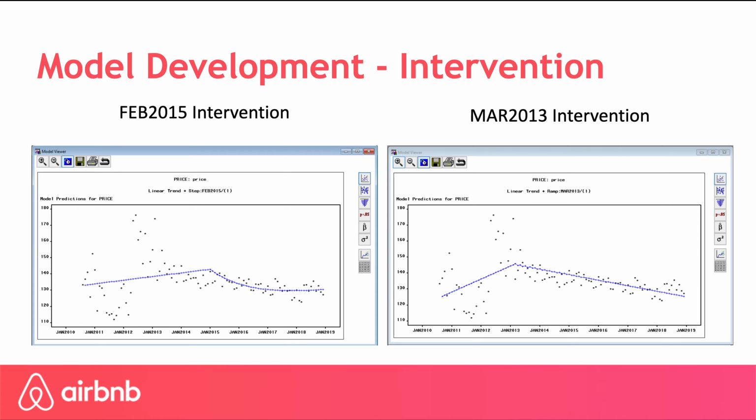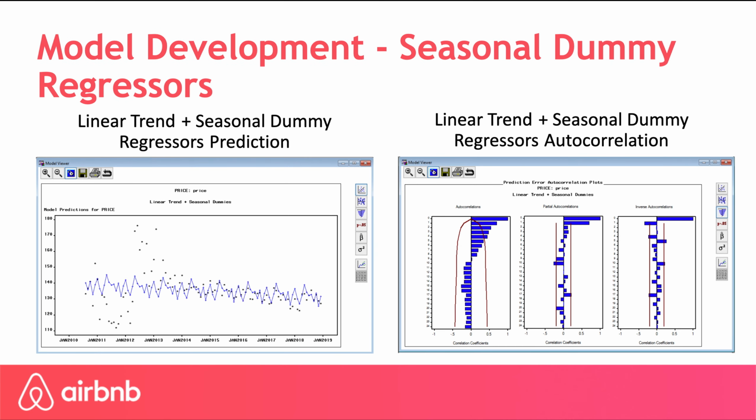Another interrupting event was Airbnb announcing that it will collect taxes in Amsterdam starting from January 13, 2015. Therefore, we decided to add a step intervention with permanent effects on our model to examine the effects of this tax collecting policy.